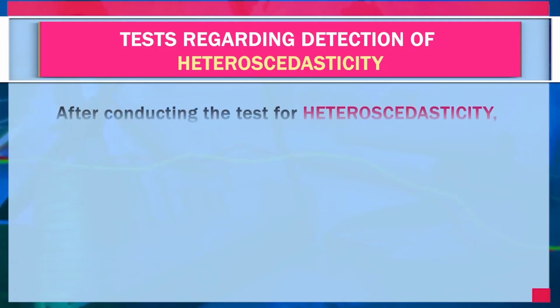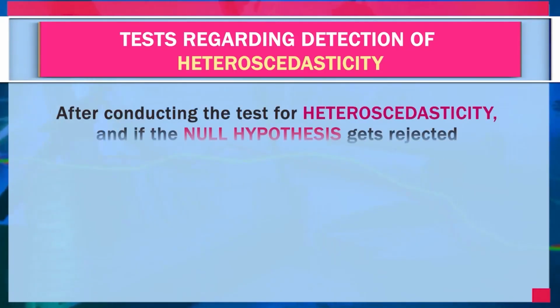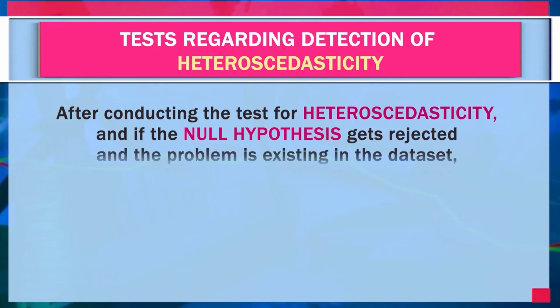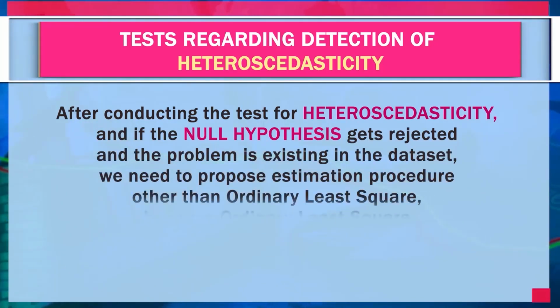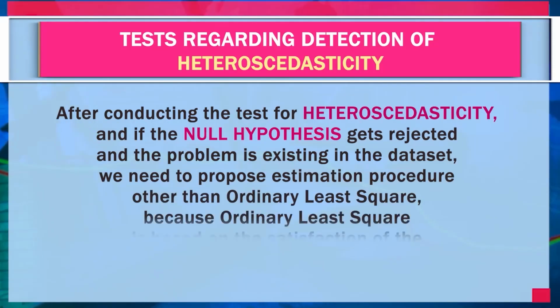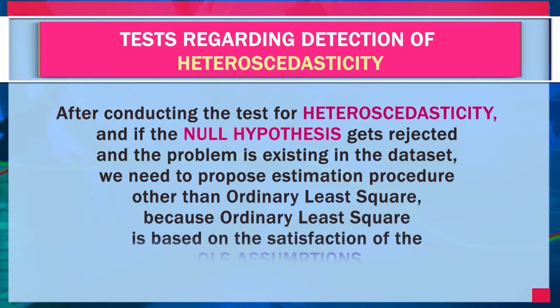After conducting the test for heteroscedasticity, if the null hypothesis gets rejected and the problem exists in the data set, we need to propose an estimation procedure other than ordinary least squares. Because ordinary least squares is based on the satisfaction of the OLS assumptions, and if the problem of heteroscedasticity exists, where the variance of the residuals keeps changing, then we need to devise an alternative procedure.